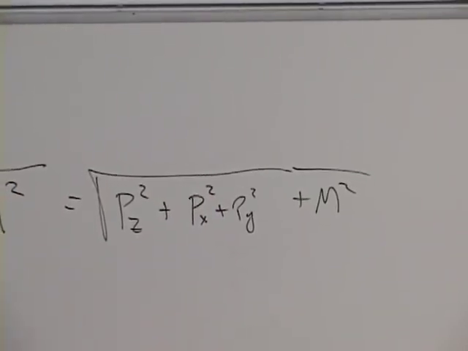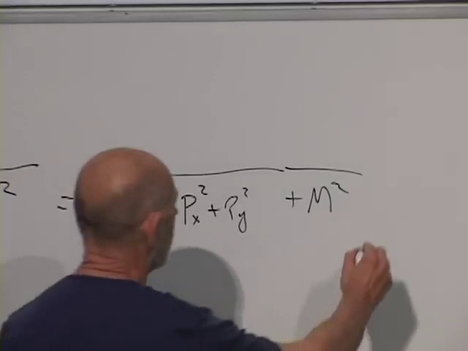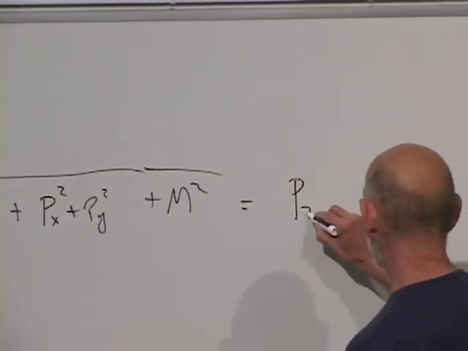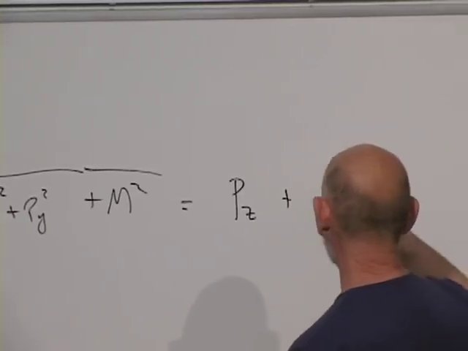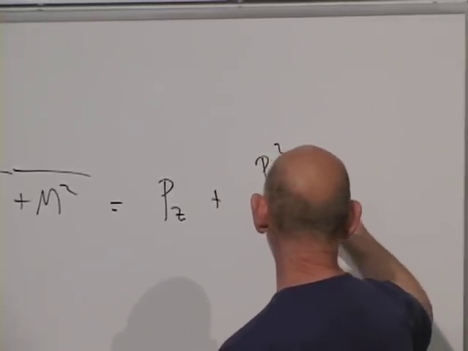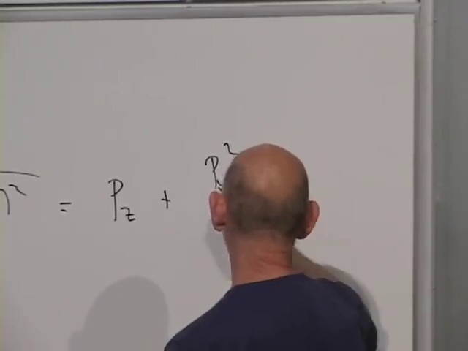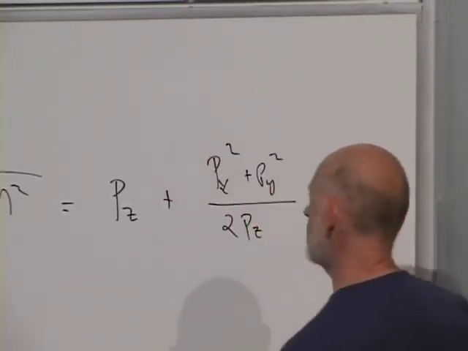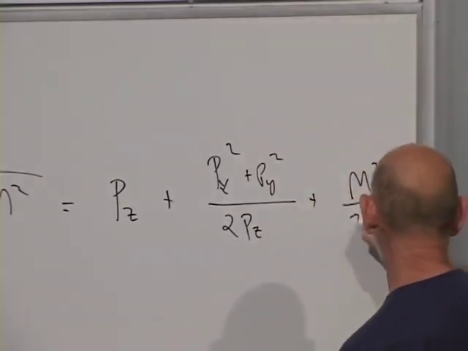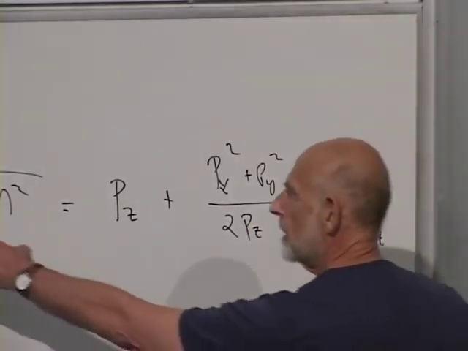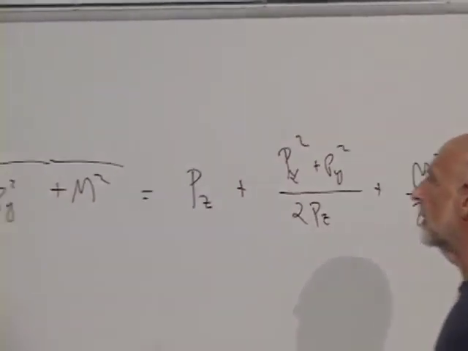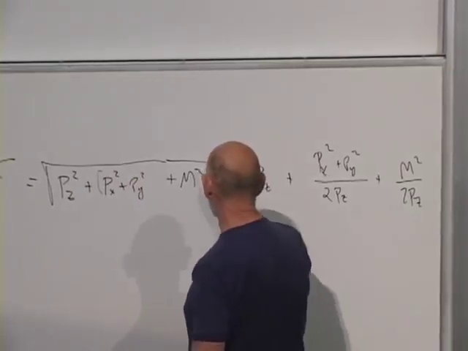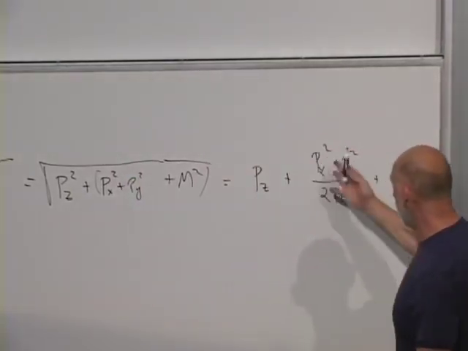And in that limit, this becomes equal to pz plus px squared plus py squared divided by twice pz plus m squared divided by twice pz. What I've done is expand this quantity, thinking of pz as the big thing and the rest of it as being much smaller. And this is what you get.